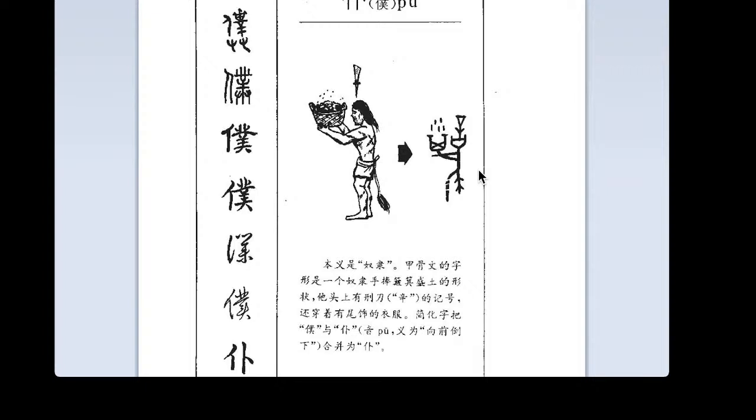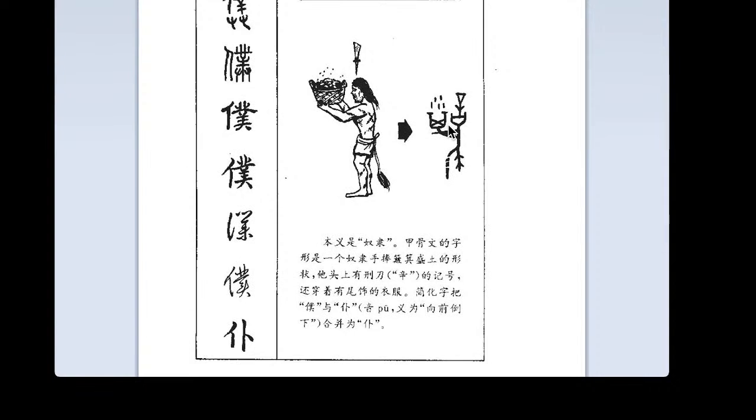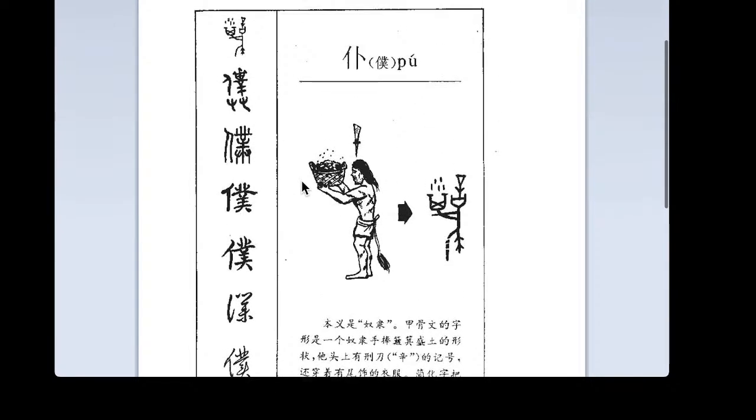Once they captured them, they rendered them into slaves and carved a mark over their head, usually on the forehead or cheek. They make that mark to show that this person is a slave. So literally this is a picture of a slave working. This is the original character of pu.